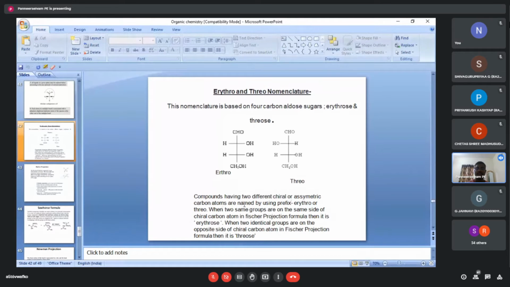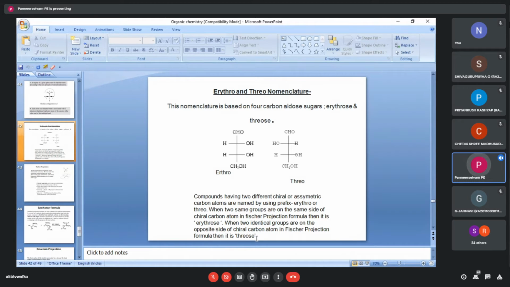The asymmetric carbon atoms are named using the prefix erythro and the suffix ose, as in glucose. Threo is when 2 same groups are on opposite sides. Here is the chiral carbon atom in the Fischer projection formula. It is erythrose, and opposite means threo.